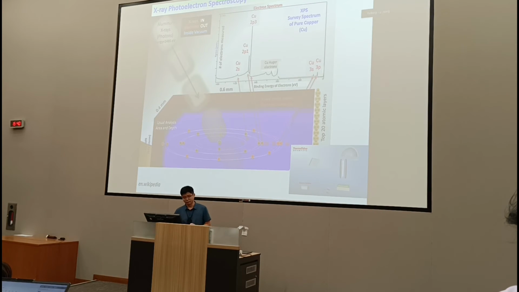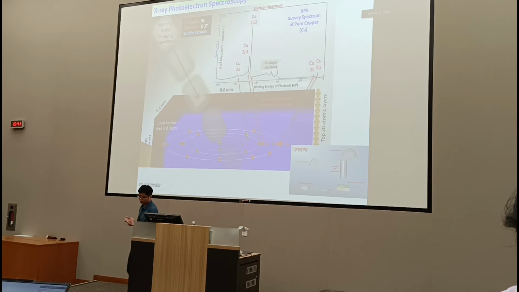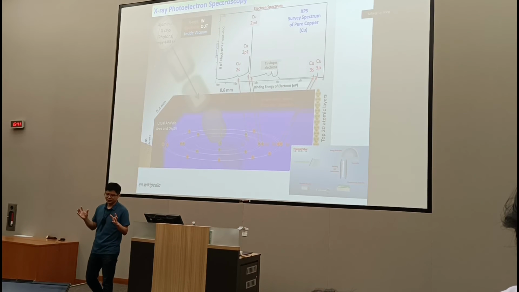Very often, XPS is widely used to measure the materials. XPS we call X-ray photoemission spectroscopy. Here I'll just briefly go through the working principles. When you try to understand the materials, you need a probing particle.